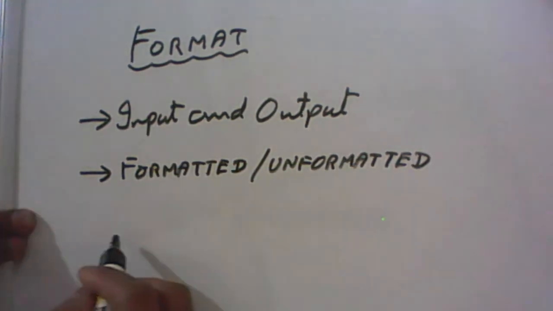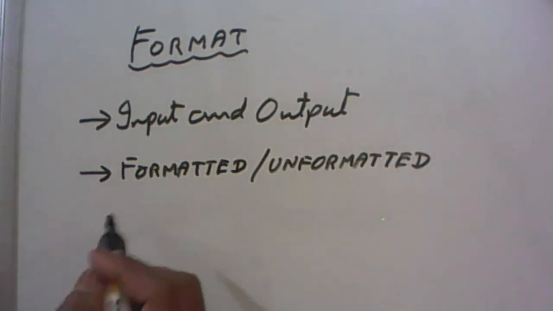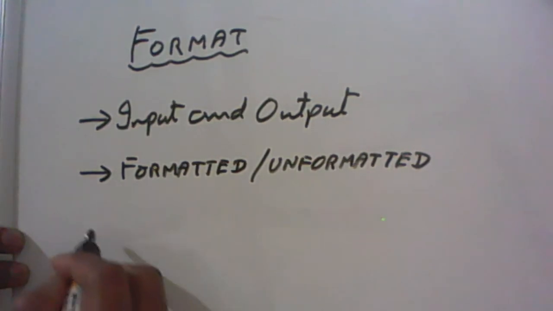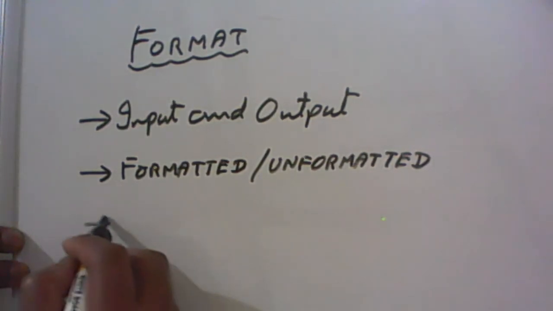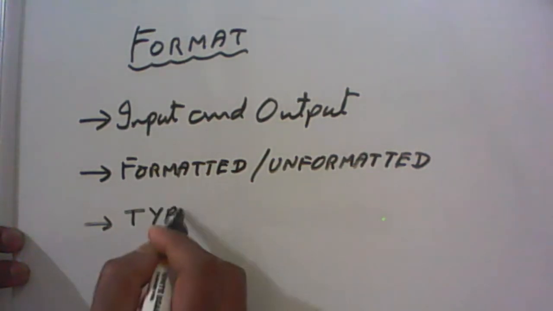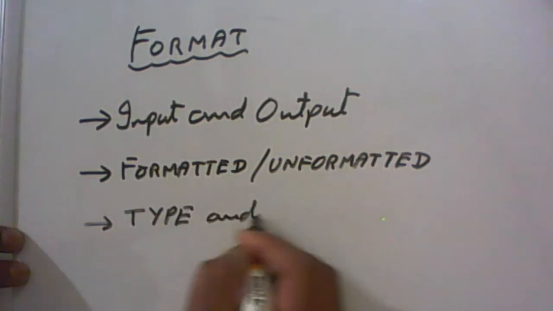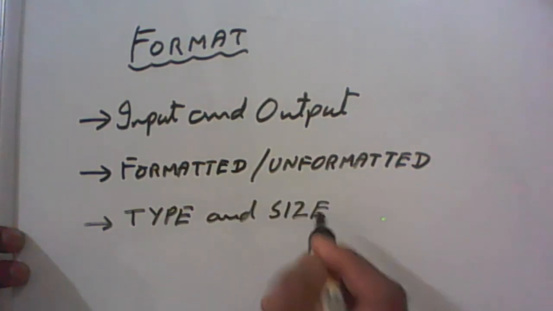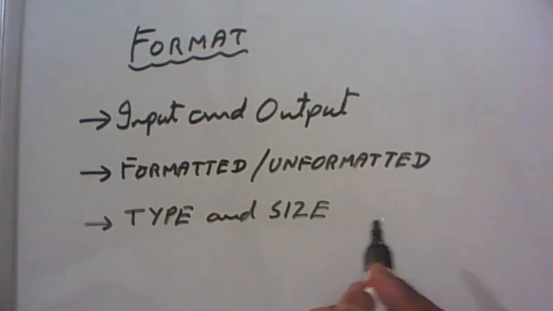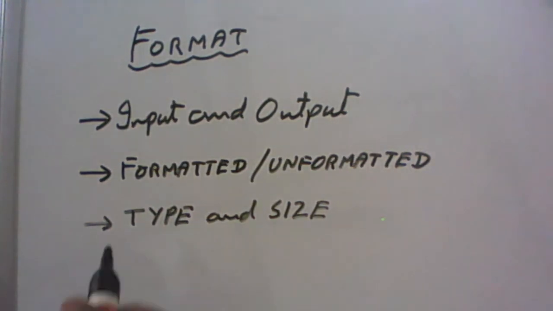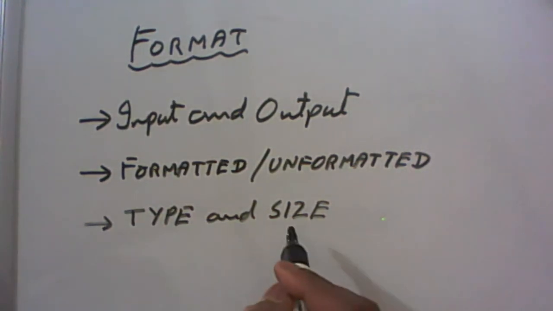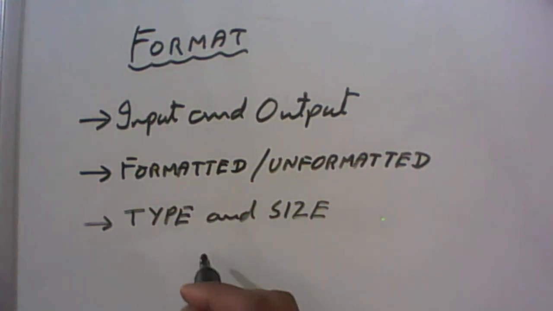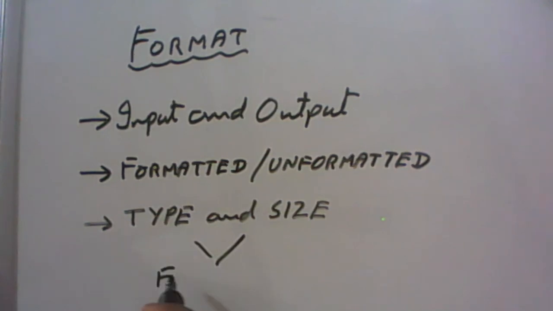The format of the data means if I want to specify the type and size of the data that I want to input or output, then I use what is called a format statement in Fortran.